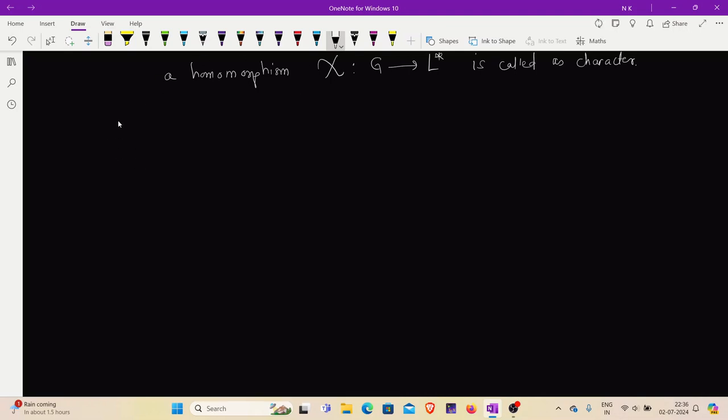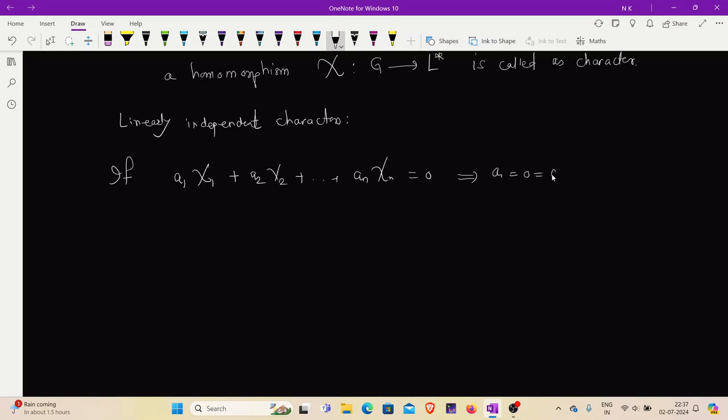So we can write the definition: if a1 chi1 plus a2 chi2 plus so on, an chi-n equals 0, where chi1, chi2, up to chi-n are characters, and if this implies a1 equals 0 equals a2 equals all these elements an, where all these elements are from L, then we say that these characters are linearly independent.